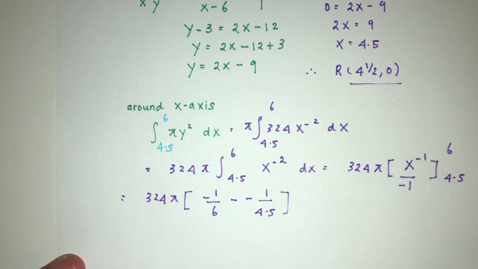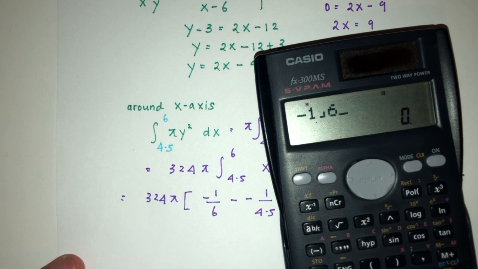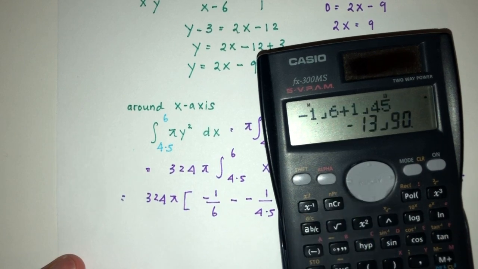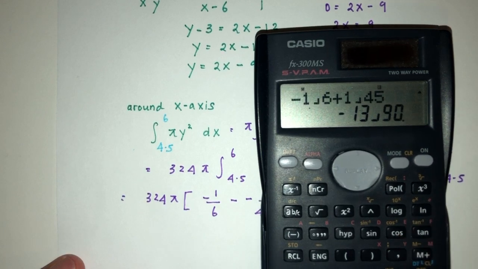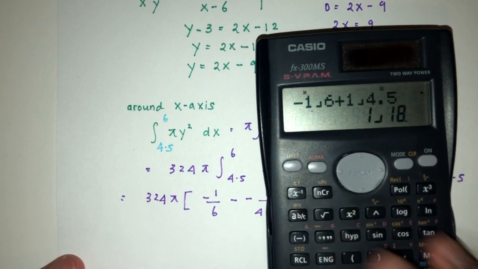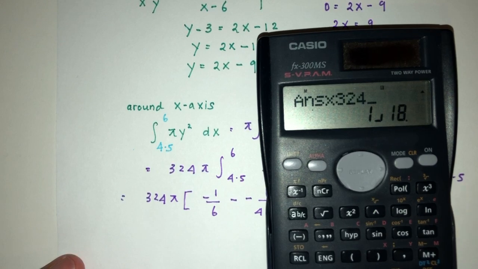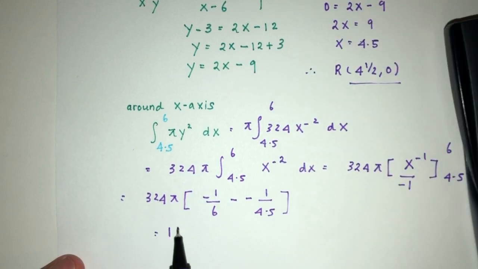Let's see what do we get. So minus 1 over 6 plus 1 over 4.5. That will be this. Then multiply by the value of minus 1 over 6 plus 1 over 4.5. That should be this value. Multiply by 324. That should be 18. 18 pi units cubed for the volume of the shape.